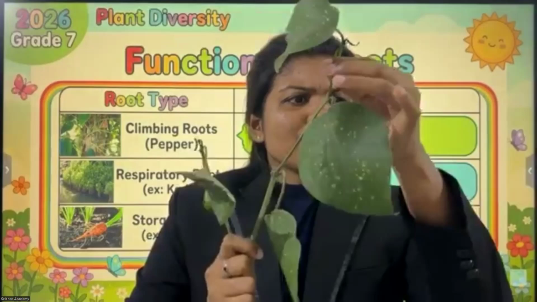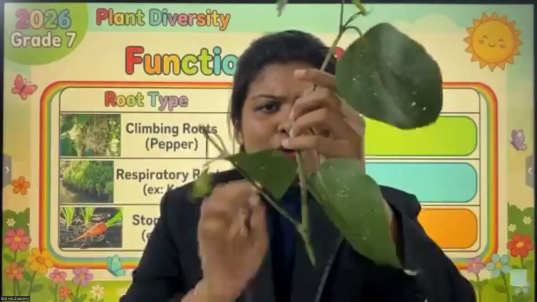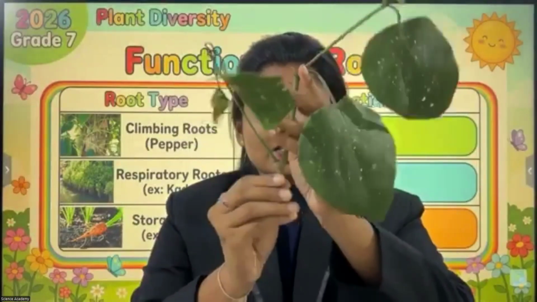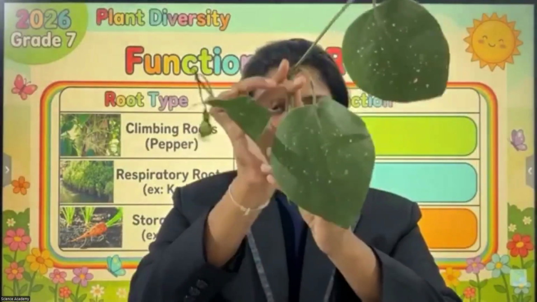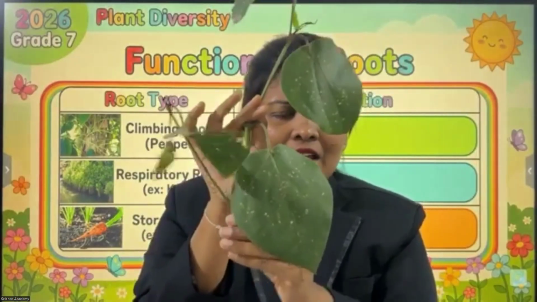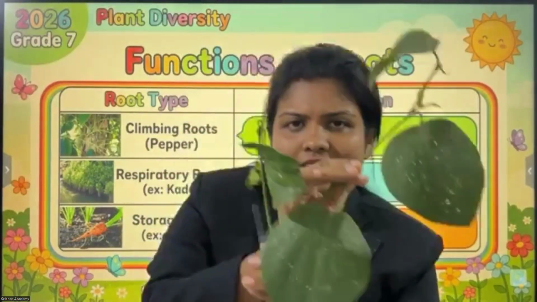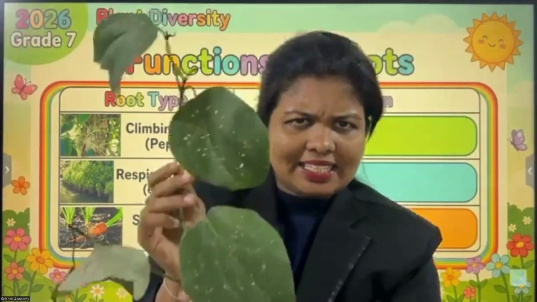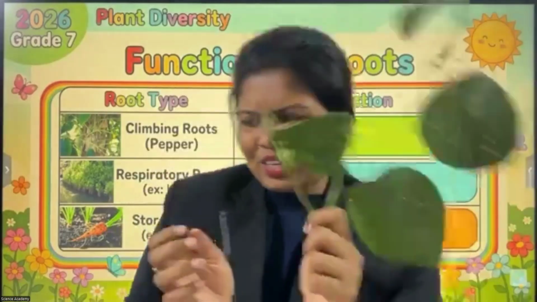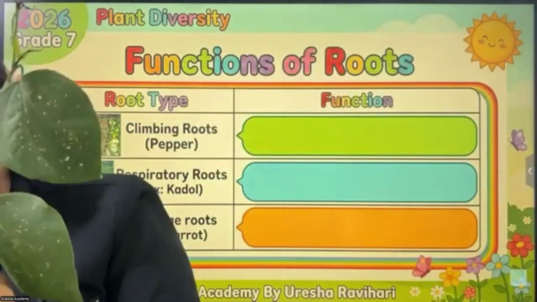This is the stem of this pepper vine. You can see it waving like this, so it is not very rigid.